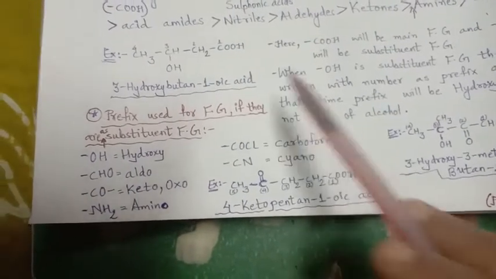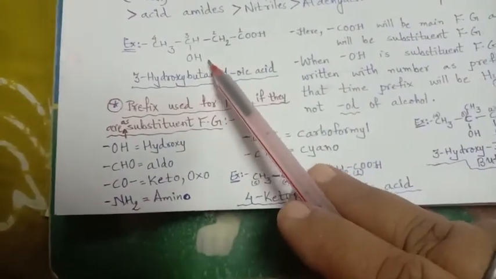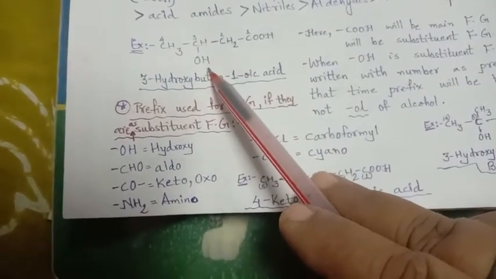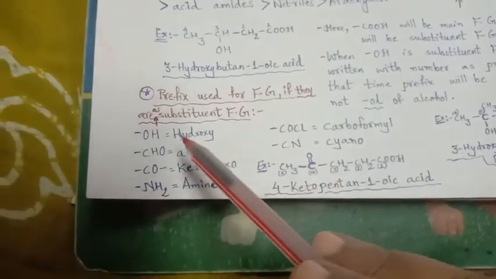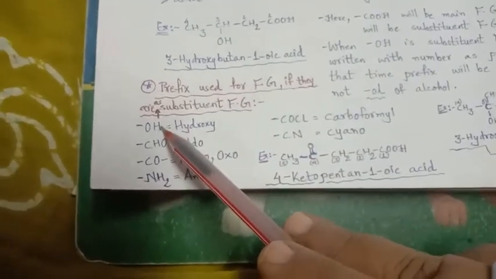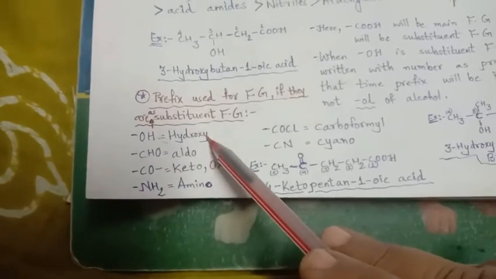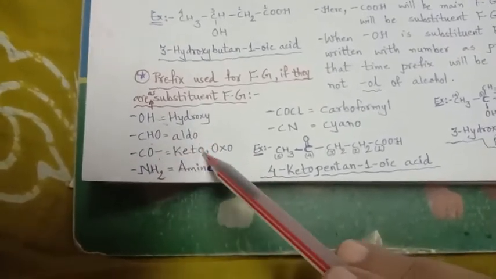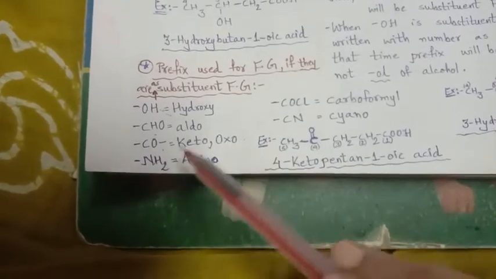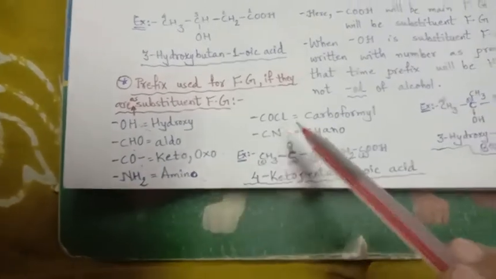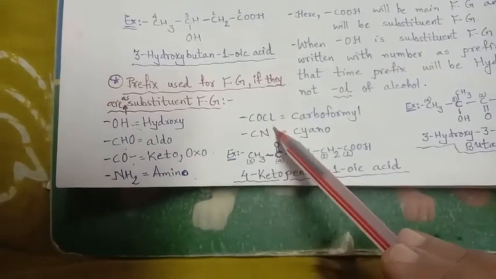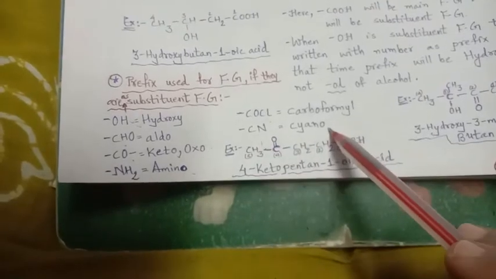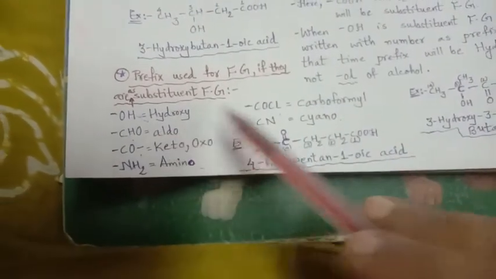But now here OH is not the main group, so it will not take a suffix, it will take a prefix. In a prefix we can't use the same word. So what are those words? For OH as a prefix, it is hydroxy, aldehyde is aldo, ketone is keto or oxo, NH2 is amino, COCl carbonyl chloride is carboformyl, CN nitrile is cyano. Clear? So keep these also in mind.